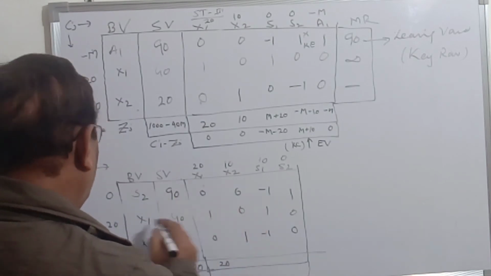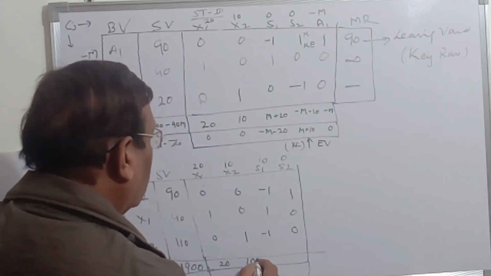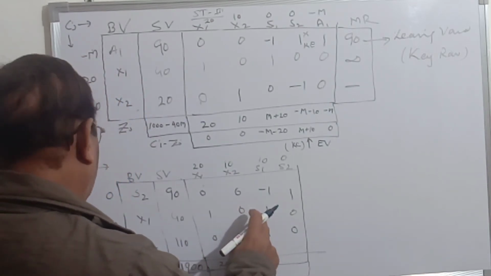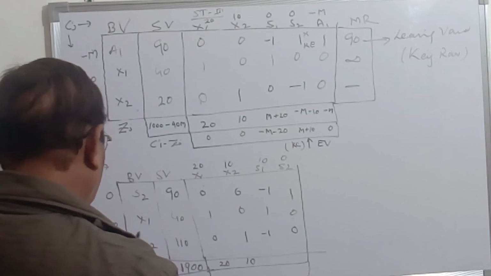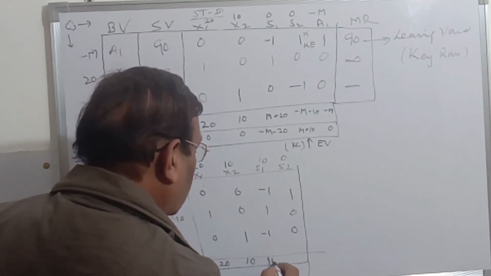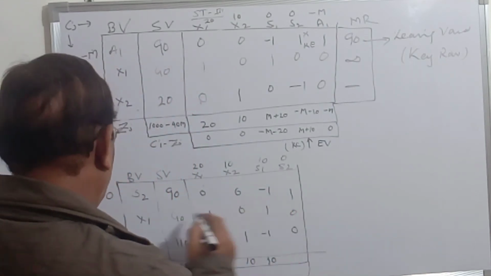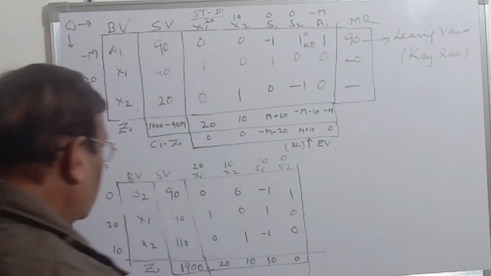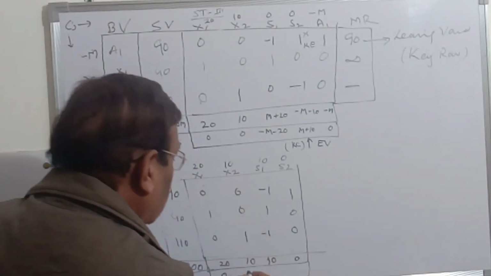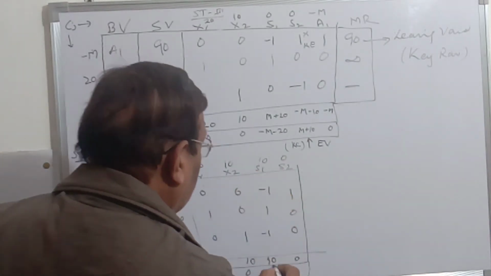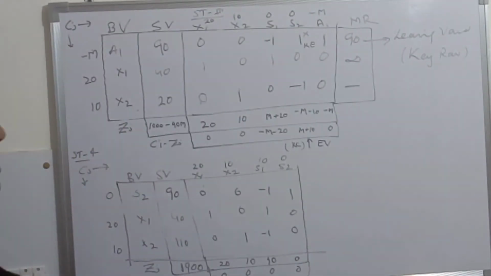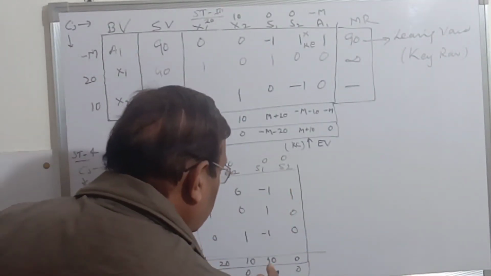This is 0, 10, this is 20, 20 into 120, minus 10 into minus 1, plus, so 10. Here it is 0, here it is 0. Now Cj minus Zj, 20 minus 20, 0, 10 minus 10, 0, 10 minus 10, 0, 10 minus 10, 0. S1 is 0 over here. So it is minus 10.